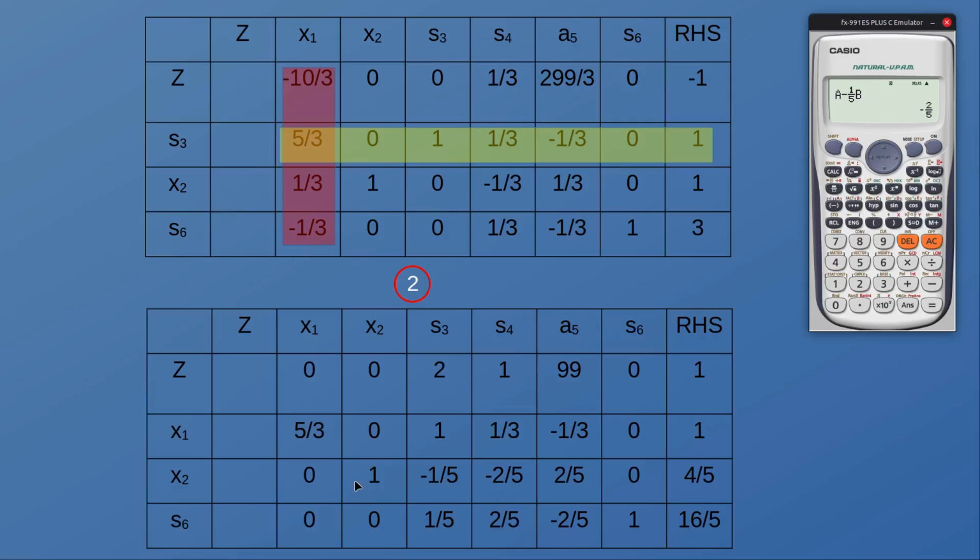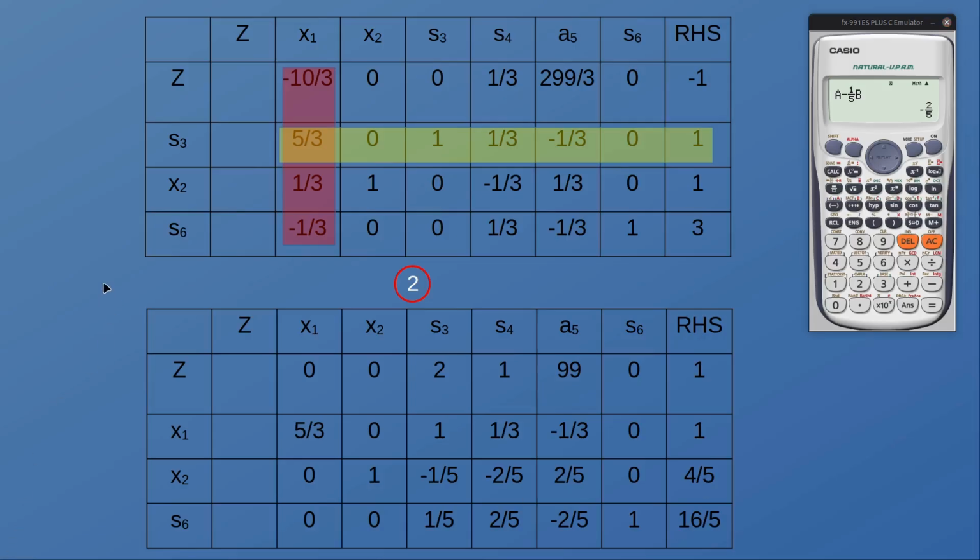A similar logic goes in explaining the value of x2, which is going to be 4 by 5. A similar logic goes in finding the value of s6. Right? So s6, the coefficient is 1. So that's 16 by 5.